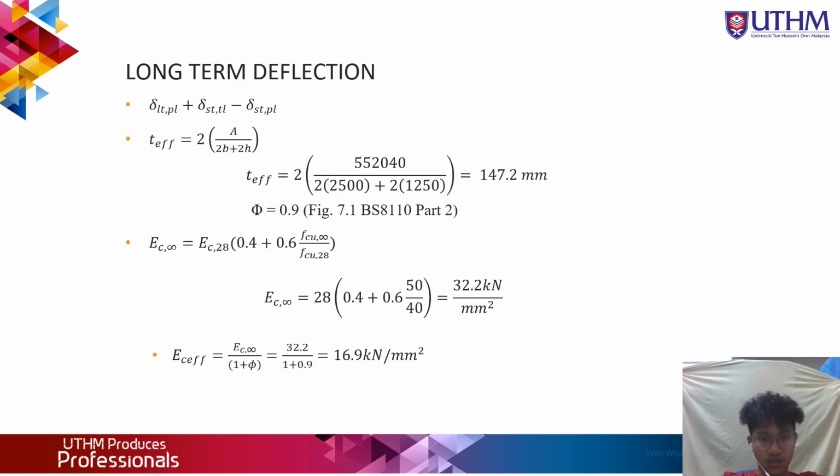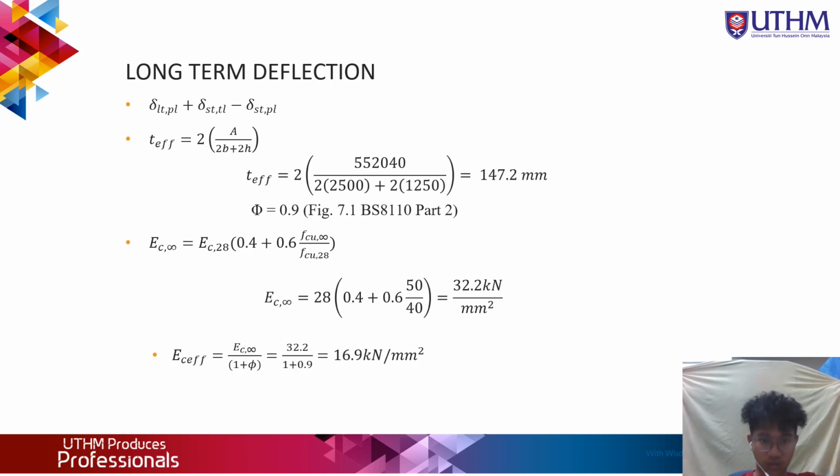For the long-term deflection, it is equal to deflection long term due to permanent load plus deflection short term due to total load minus deflection short term due to permanent load. Before that, we need to find the effective time.